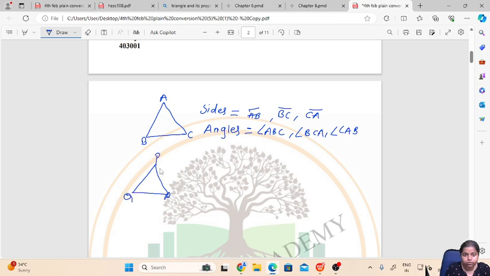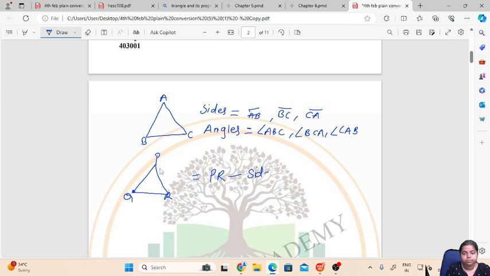In the question they have mentioned the side opposite to the vertex Q. This is one vertex, right? So the side opposite to this vertex is PR. This side is opposite to this vertex, correct? So the answer is PR. It is a side they have asked.